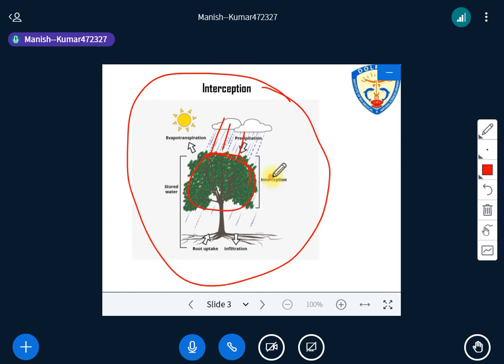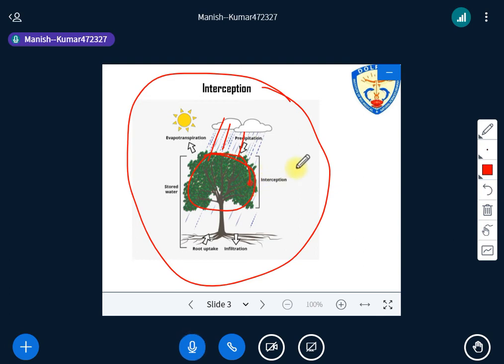So when precipitation is there, technically this canopy is going to capture the precipitation, first of all, and second, not only capturing but also returning it to the atmosphere either through evaporation, or, as you have already studied, the evapotranspiration method. That is interception.